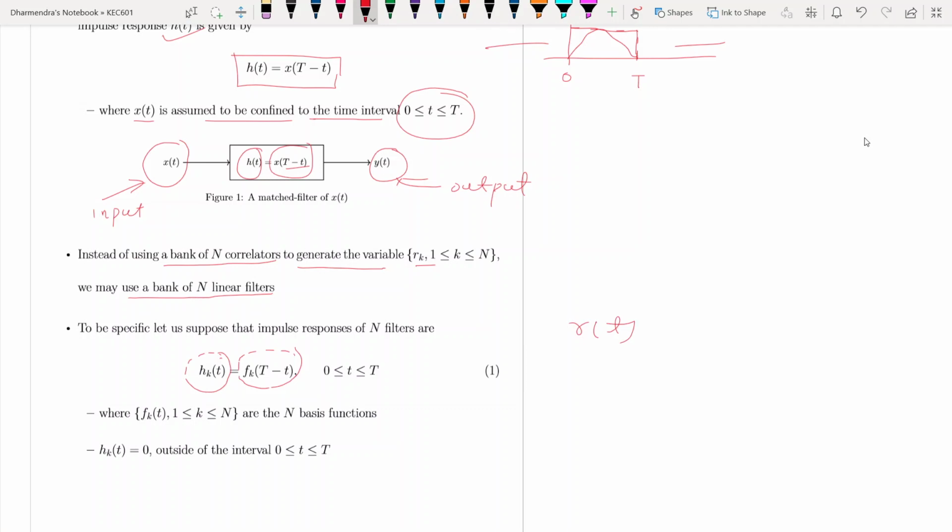Don't confuse. Here f k of t are the N basis functions, and if the signal is defined between 0 to T, the basis functions will also be in this 0 to T. And h k of t is 0 outside this interval 0 to T. This h k of t should be defined between 0 to T.